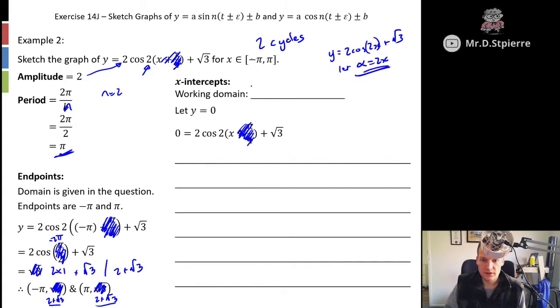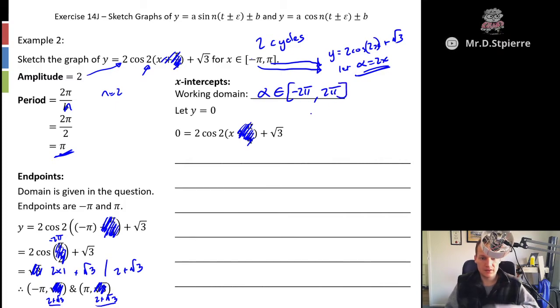For this working domain, we substitute in, we get alpha is an element of negative 2 pi to 2 pi. Okay, that's our working domain.